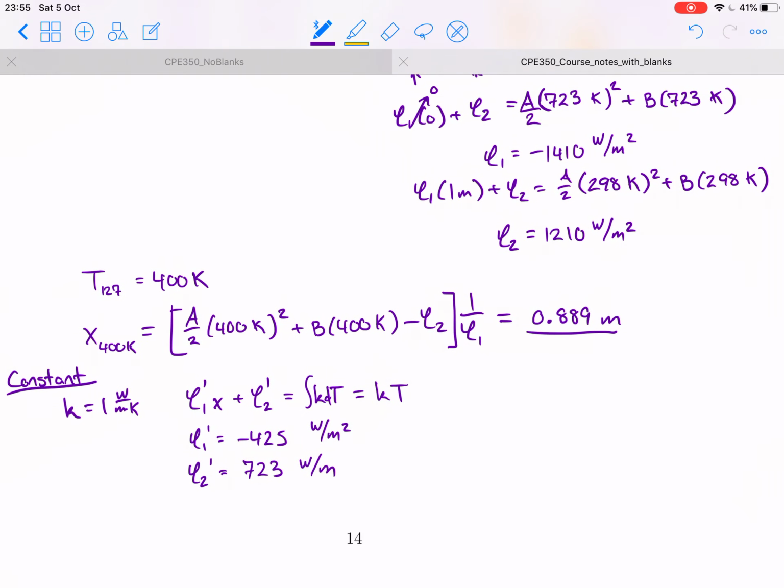So at this point, we can solve the temperature profile. We'll choose the temperature 400 again.